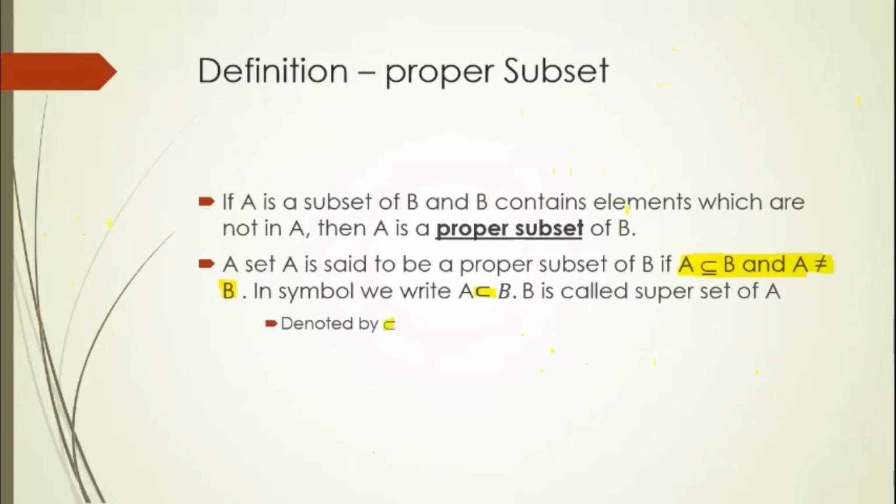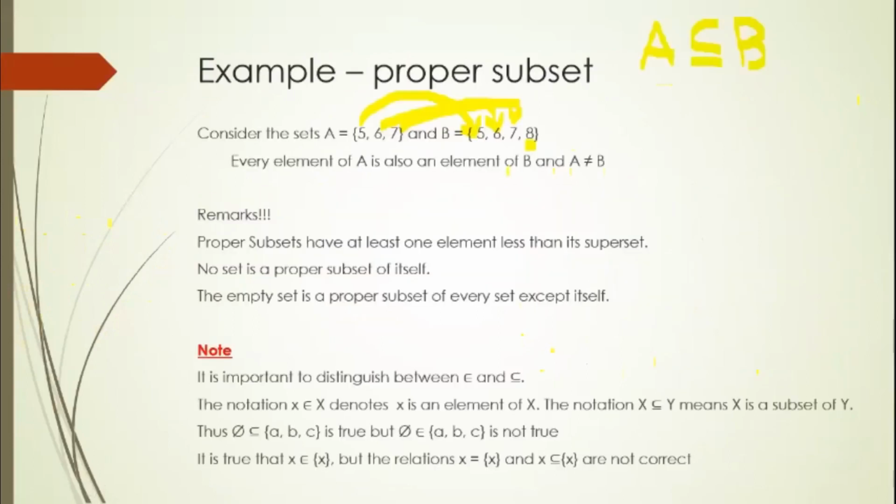B contains elements which are not in A. So we have an element in B which is not in A, right? You did not see an 8 here. So therefore 8 in B is not an element of A.